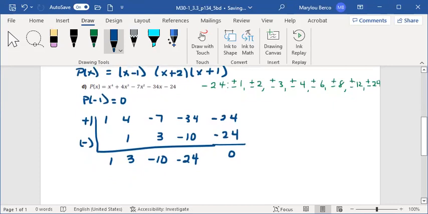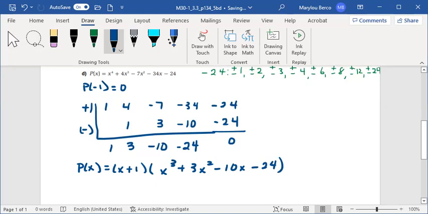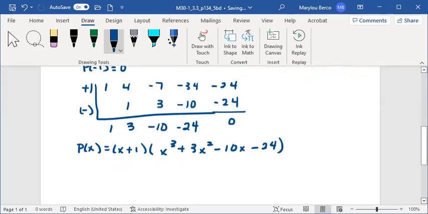So we're going to have to repeat the process of factoring. So what we have now is p of x equals x plus 1 times x cubed plus 3x squared minus 10x minus 24. Okay, so we need to factor these last four terms.